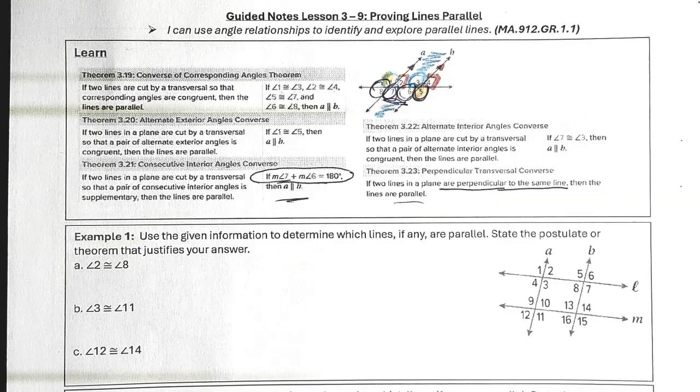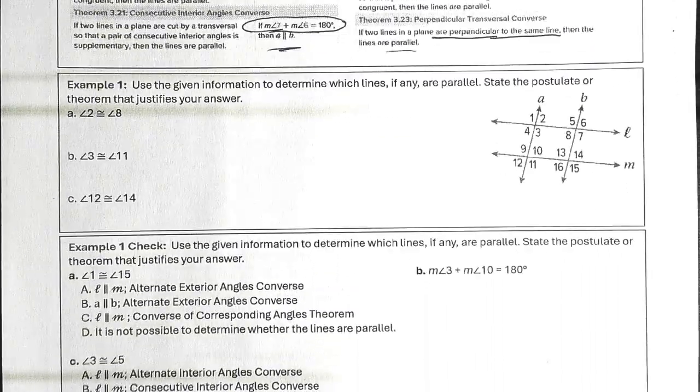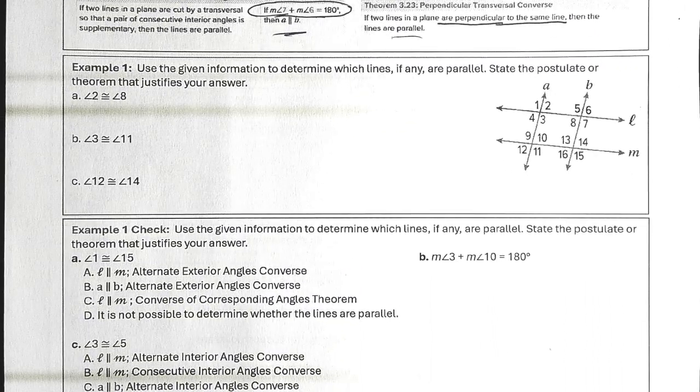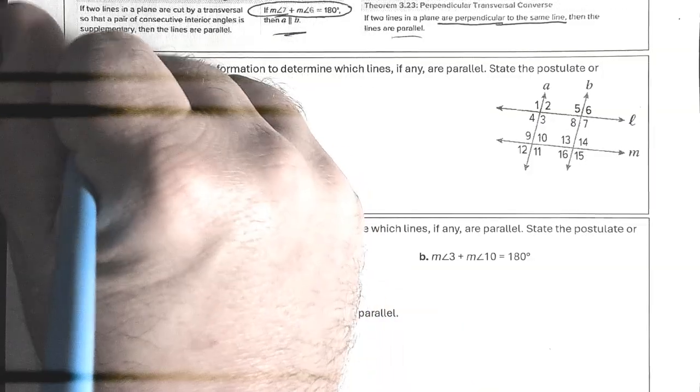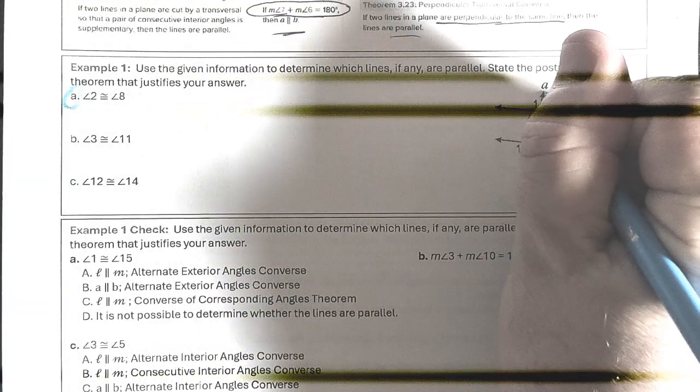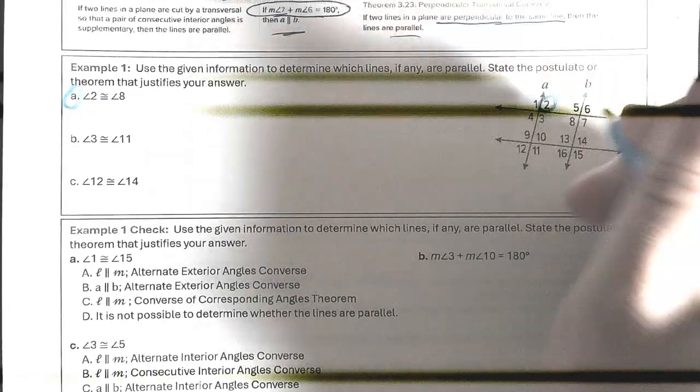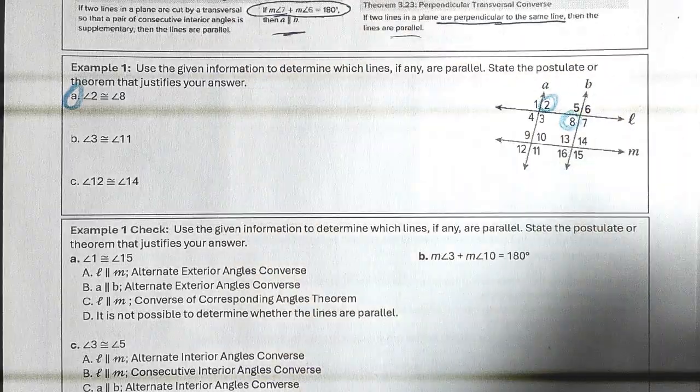All right, scooching down. Example 1. Use the given information to determine which lines, if any, are parallel. State the postulate or theorem that justifies your answer. For part A, 2 is up here, and 8 is over here.